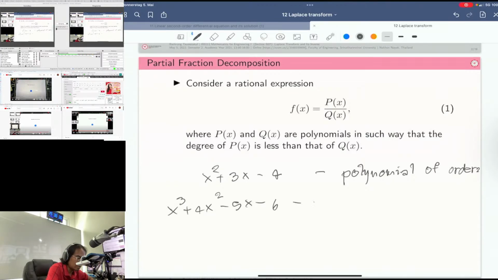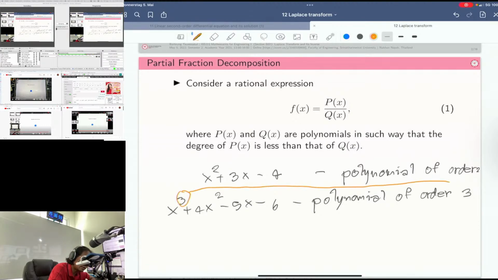This is called a polynomial of order 3, because the highest power of x here is 3, and the highest power of x in the other is 2. So that's why we say order 2, order 3.